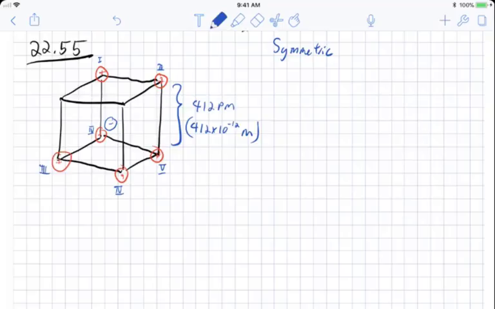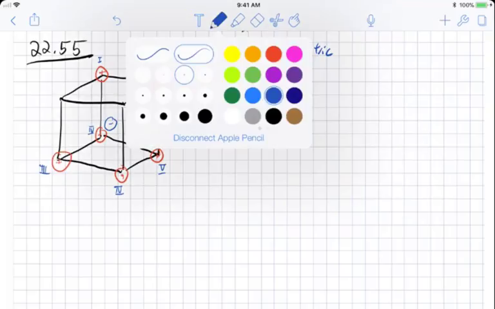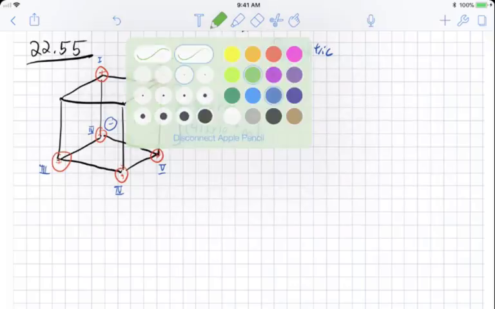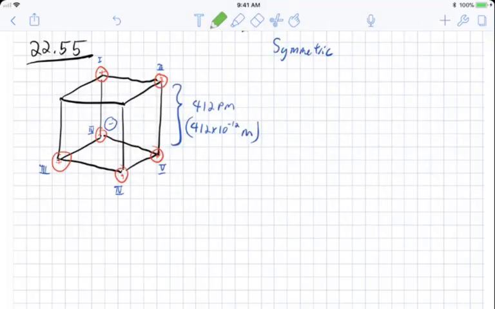There's a nice aspect to this, though. Before we get too big, I'm going to emphasize the strategy we're taking. The idea here is, because this is in the middle of the cube, each of these is the same distance from the middle. Right? So that's nice. That's going to save us some work.